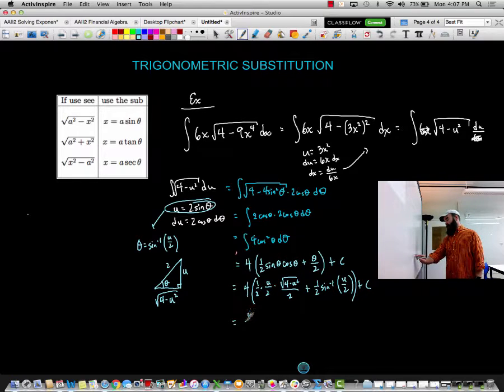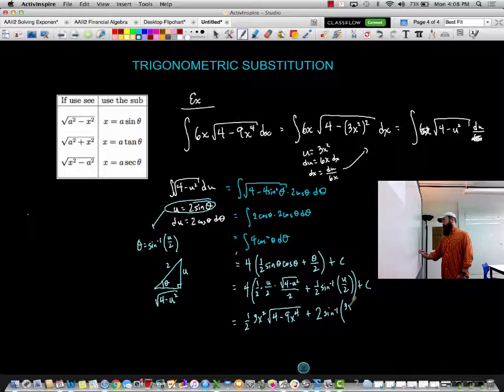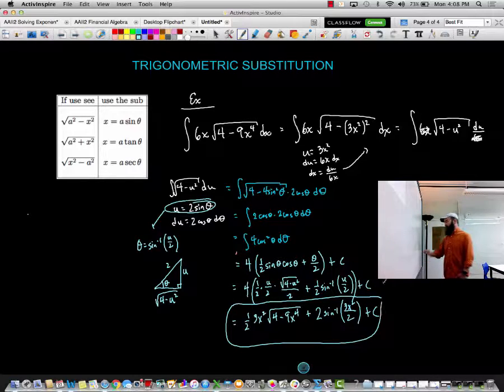So 1/2 u, which is 3x squared, times the square root of 4 minus u squared, which would be 4 minus 9x to the 4th, plus 4 times this 1/2 would give me 2, and then the inverse sine of 3x squared over 2 plus c. And I obviously could write this as 3/2 and that would be just fine. But that is the antiderivative of this.